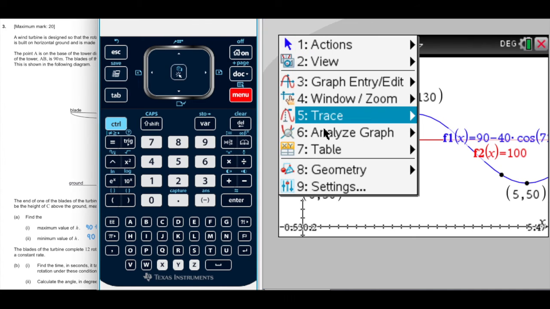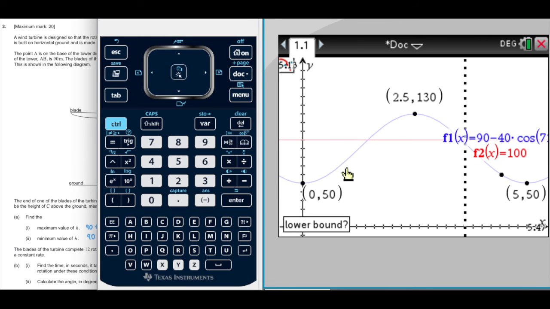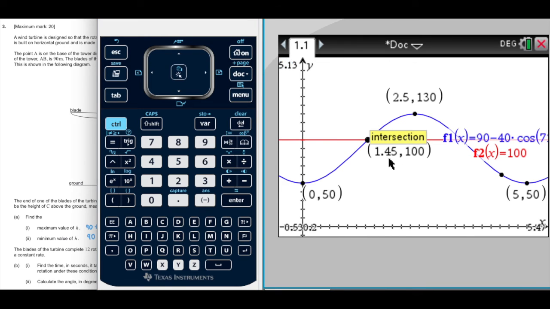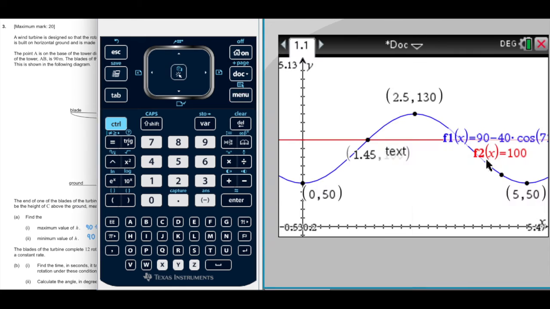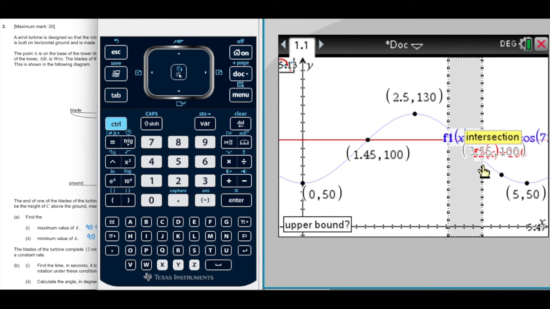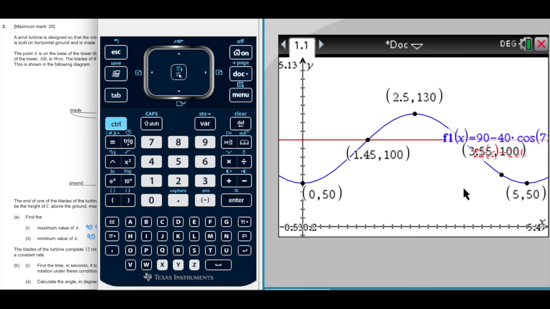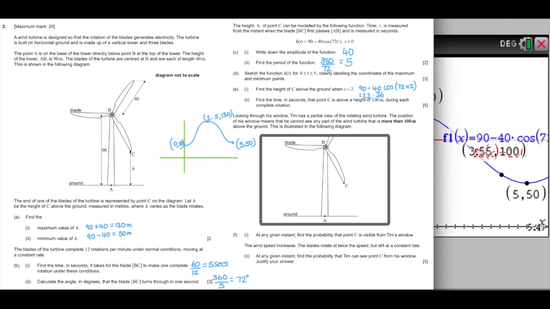So we can do Analyze Graph, Intersection. So there's one intersection at 1.45, and then there's a second intersection, which is at 3.55. So 1.45 and 3.55.